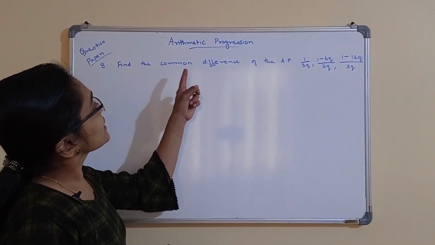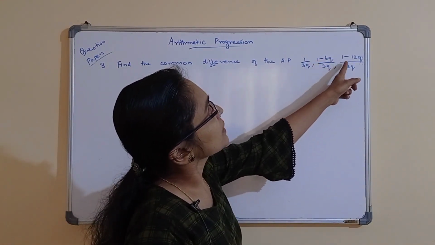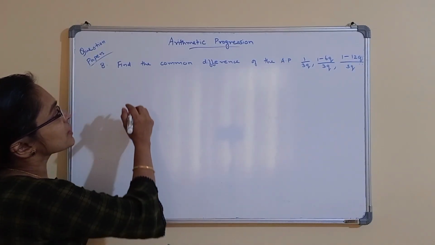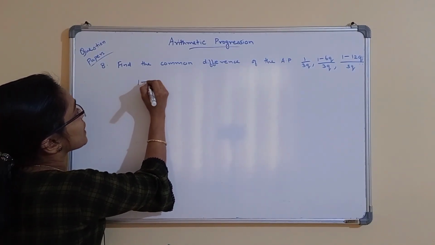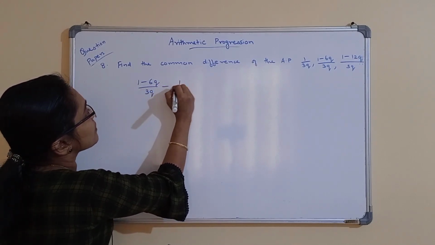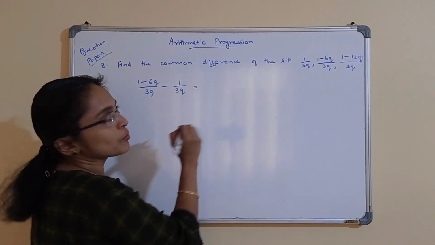Eighth question, find the common difference of the AP 1 by 3 cube, 1 minus 6 cube by 3 cube, 1 minus 12 cube by 3 cube. So the common difference can be found as 1 minus 6q by 3q minus 1 by 3q. Here the denominator is the same for both these.